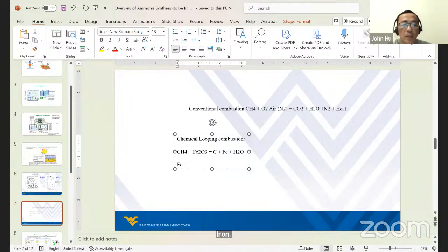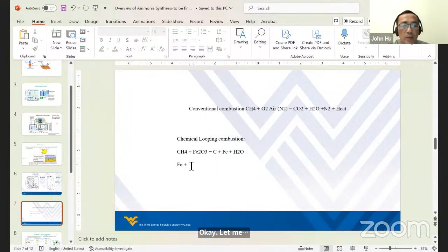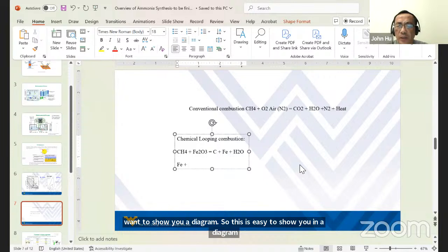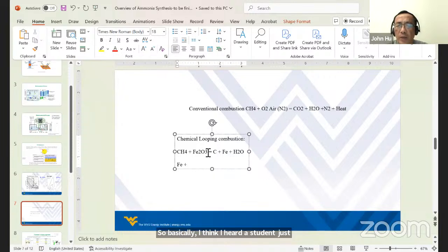Okay. Let me go. Give me 1 second. I need to go back to the another sheet. Okay. I want to show you a diagram. So this is easy to show in a diagram. So basically, I think I heard a student just say oxygen carrier. Instead of a combustion molecule, you need an oxygen carrier.